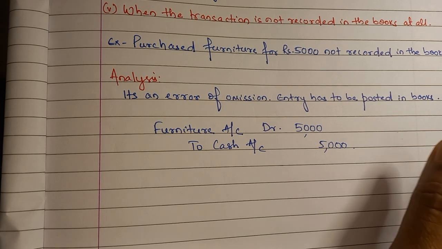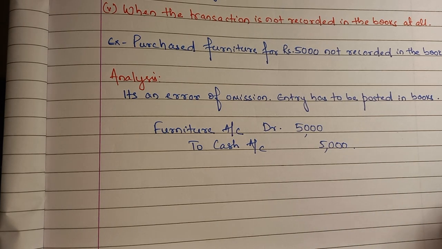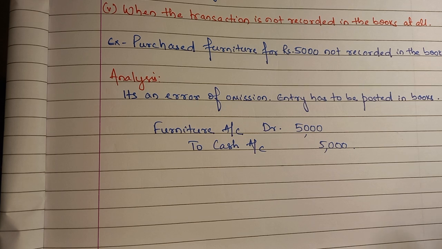For example, if you have a composite entry where you have 2 debits and 3 credits and the error is in any one ledger, then always try to see, if that has to be corrected, which is the other ledger that needs to be impacted. So always try to plot the wrong entry, the right entry, and then you will get the trick of how to post the entry to rectify that.